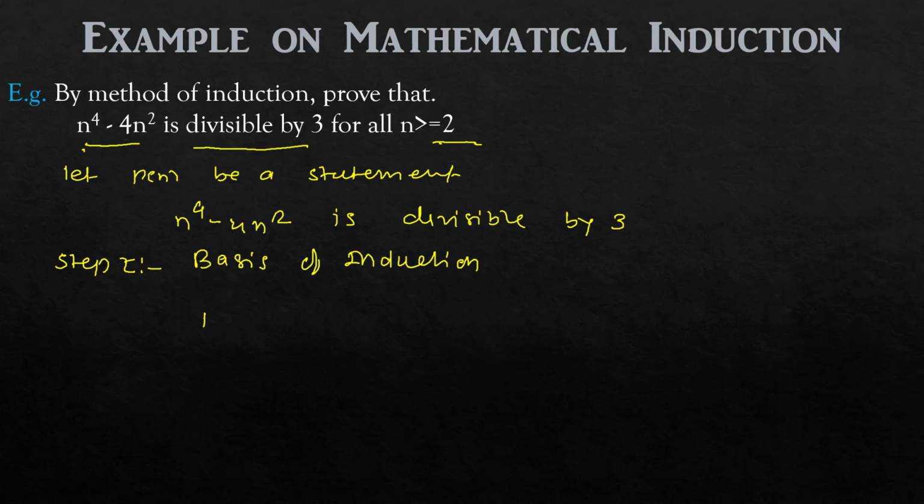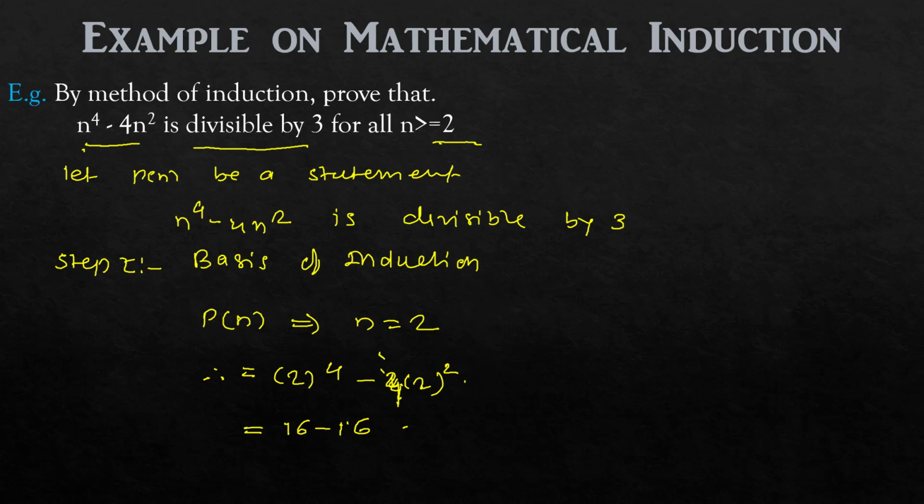But here we have to consider P of n for n is equal to 2. Therefore we get 2 raised to 4 minus 4 into 2 square, that is 16 minus 4 into 4, so again here we get 16.